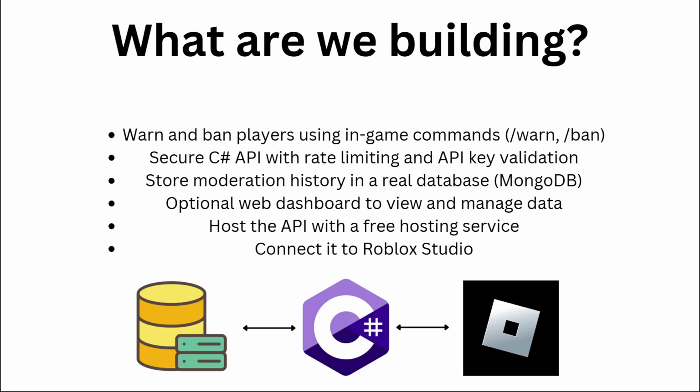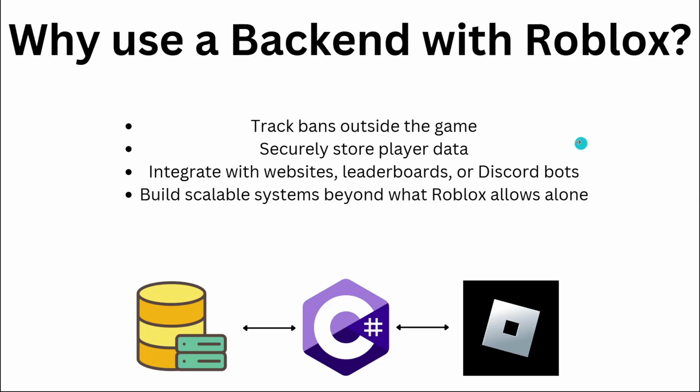But instead of writing this and doing it only in Roblox scripts, we're also going to be using C# to create an API in which we can track these warnings and bans, and we can store them and later use them. Now, you're probably asking yourself, why use a backend with Roblox?